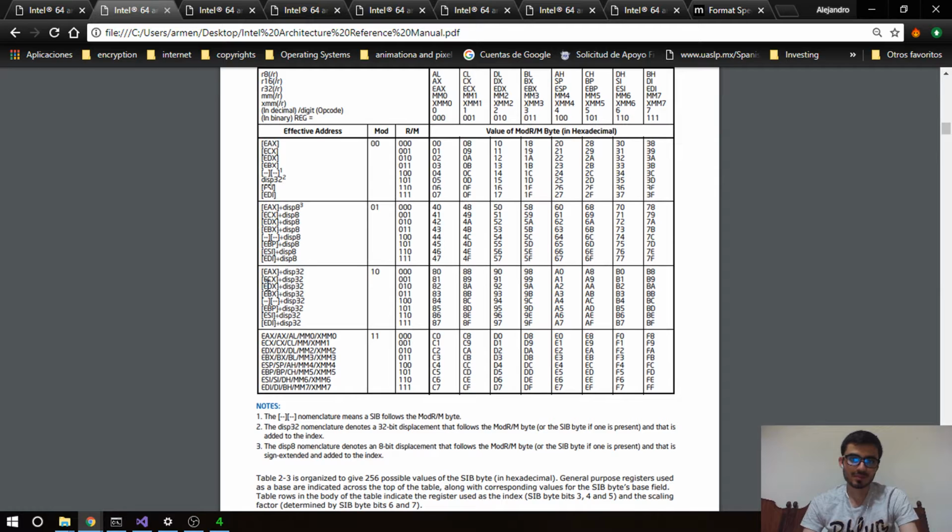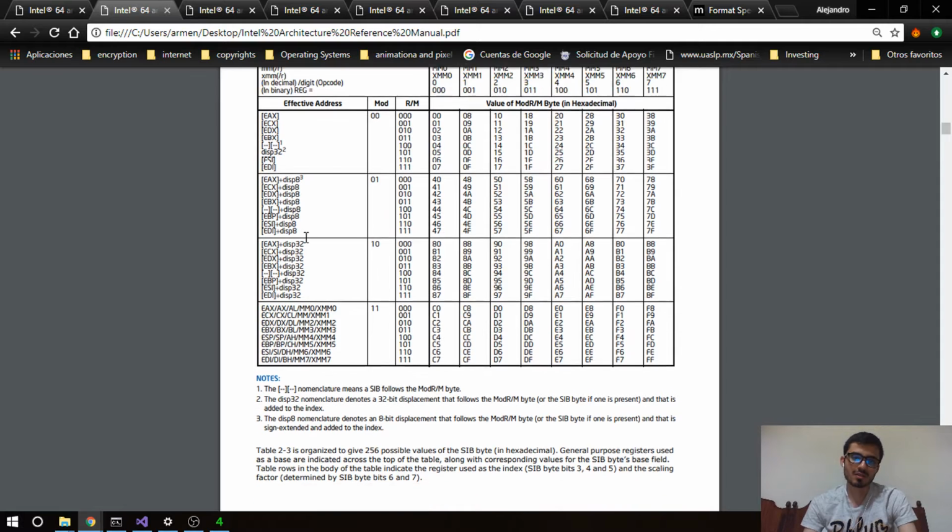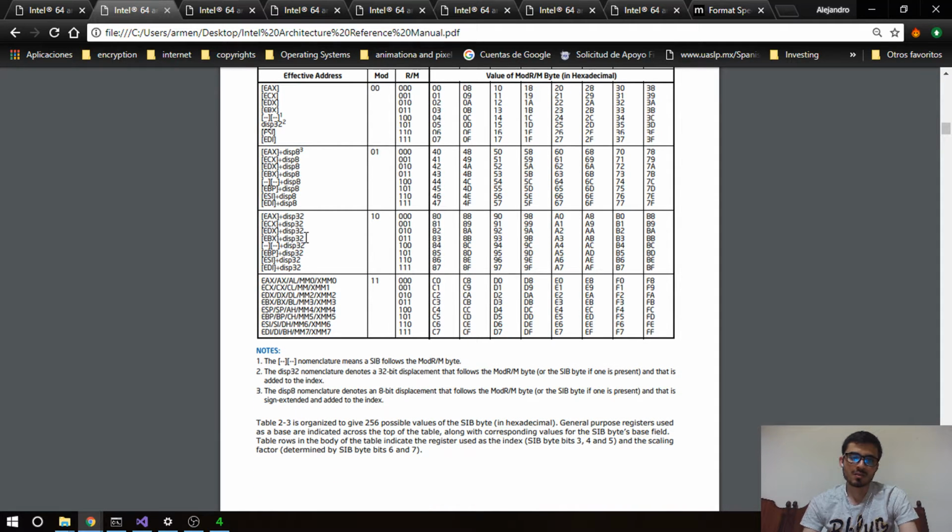We have three types, I guess. We have an SIB present plus a displacement of 32, or an SIB present plus a displacement of 8, which is, I believe, standard.